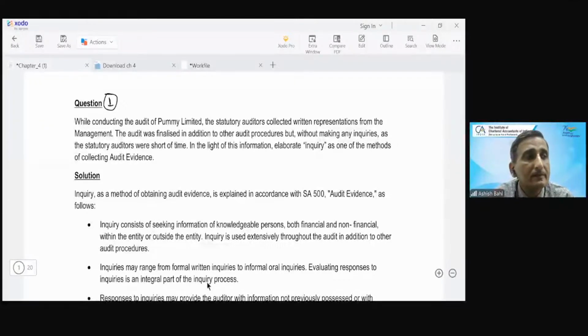Clear? So simple things. Remember one thing, students, that this whole syllabus is majorly derived from standards on auditing, which are written in a technical language. So obviously you would have to use quite a good number of words from that pool of technical language.